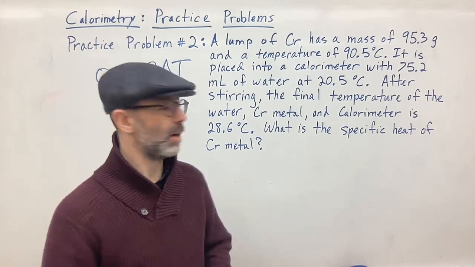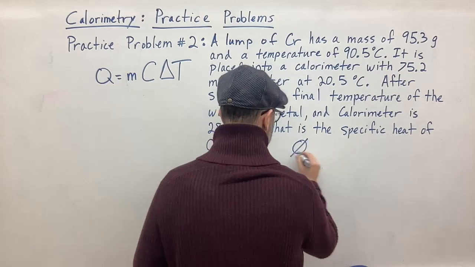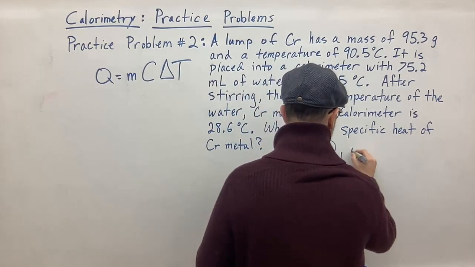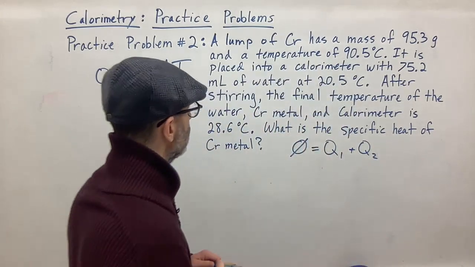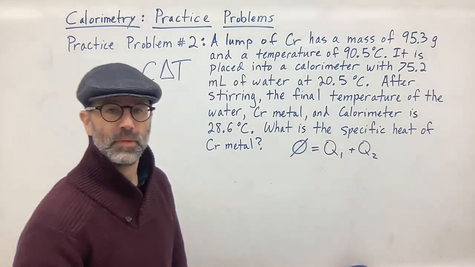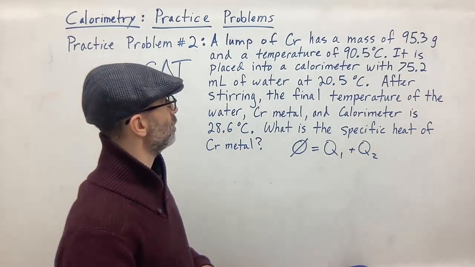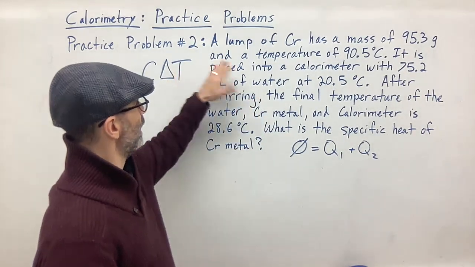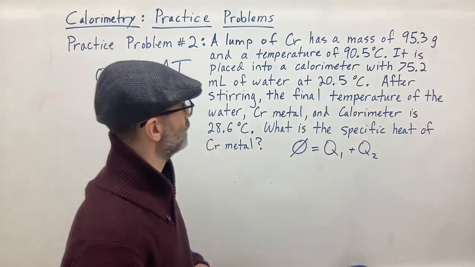So in this problem, I'm going to use this form: 0 is equal to Q1 plus Q2, or in this case, the metal and the water, right? So here's our problem. We now have a lump of chromium with a mass of 95.3 grams at a temperature of 90.5 degrees Celsius.